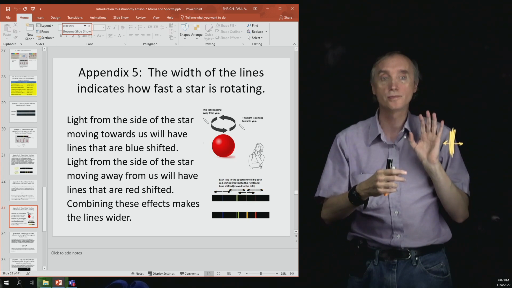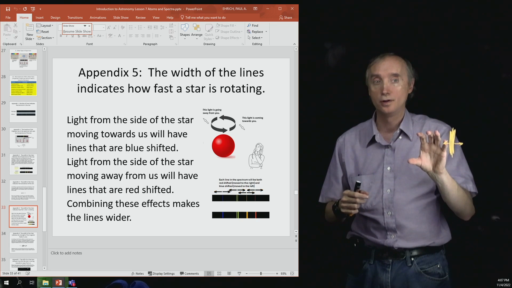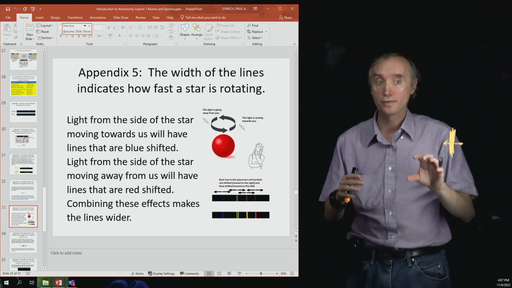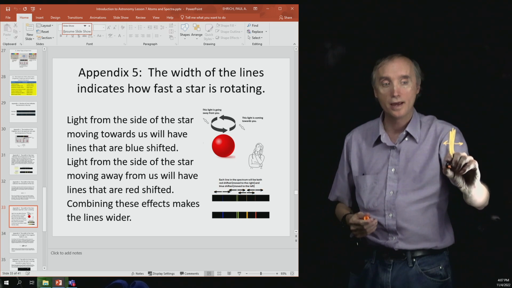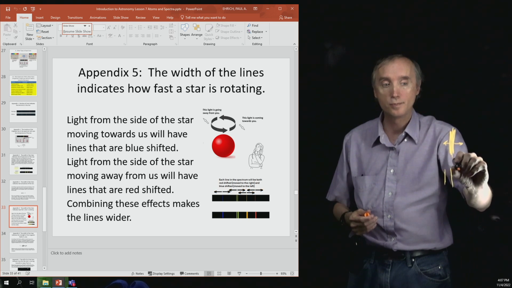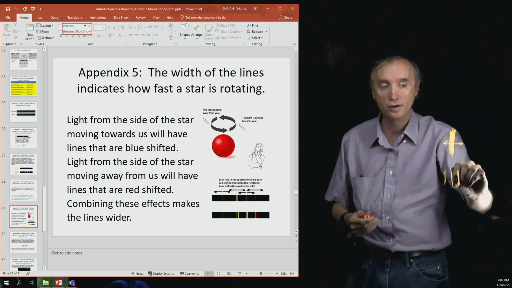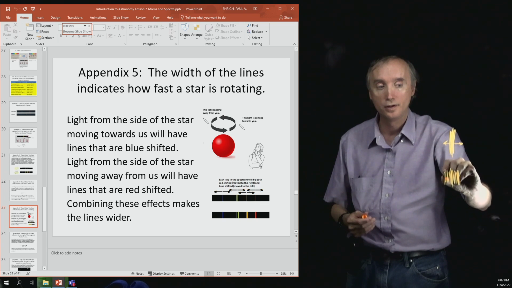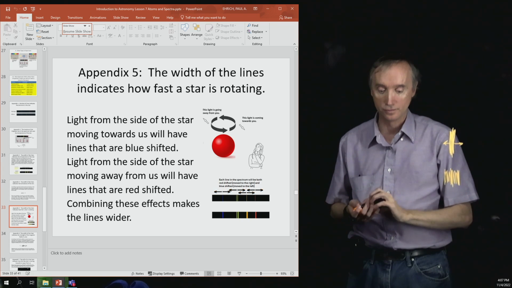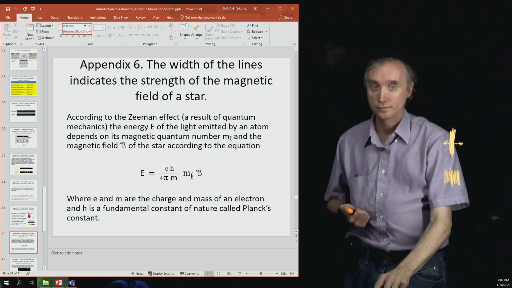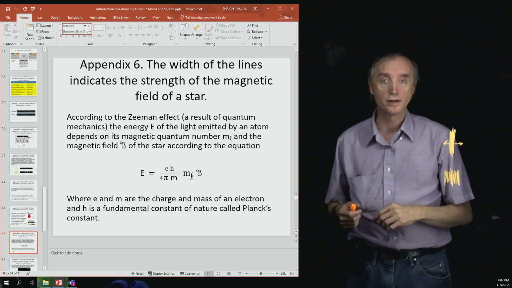And some of the light is moving away from you. That's red shifted at the same time. So if you have a line and it's being blue shifted, that means it's moving over to here. If it's being red shifted, it's moving over here, and then when you put it all together, you get a fat line. So that one's not too difficult to understand. It's not too difficult for me to understand.